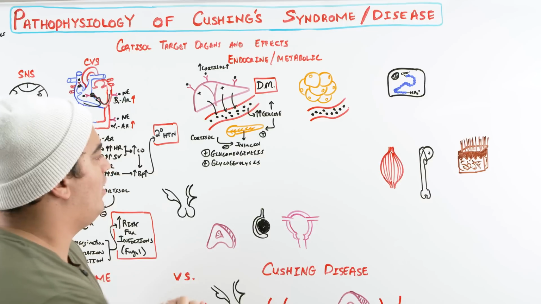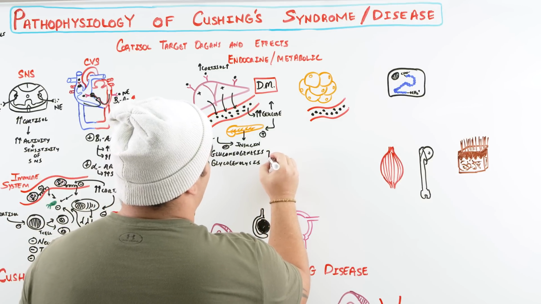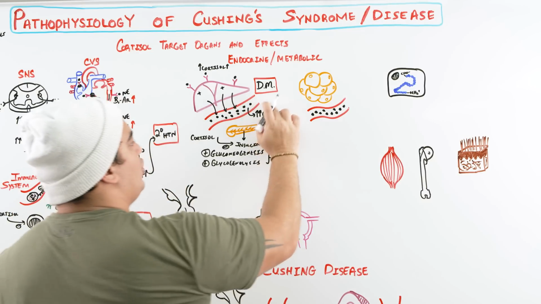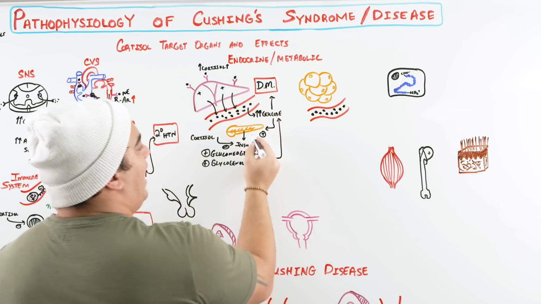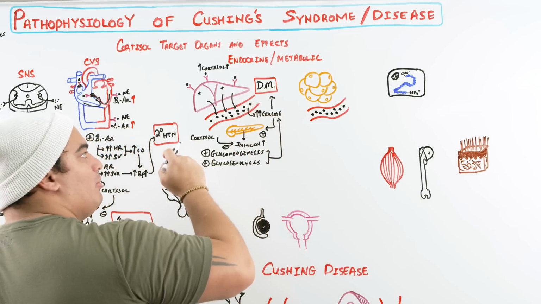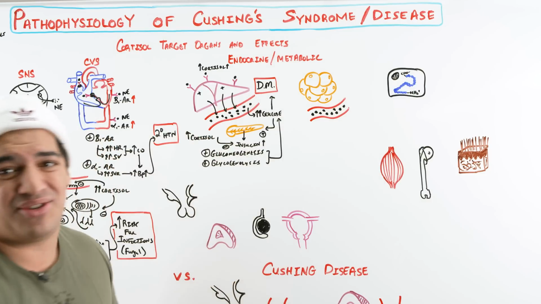So again, the whole point is that these two processes, glycogenolysis and gluconeogenesis, will precipitate high glucose levels. High glucose levels should naturally stimulate your pancreas to produce insulin, right? You should make more insulin to try to shunt the glucose out of the blood and into cells. But cortisol may also suppress insulin production to some degree.